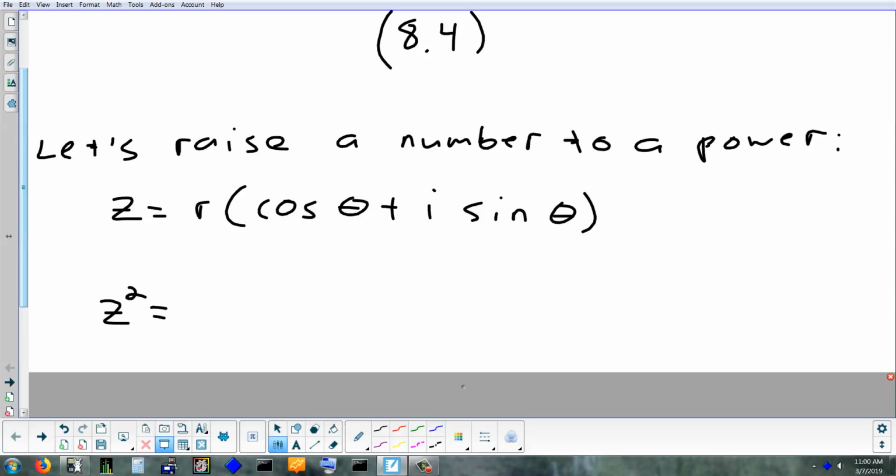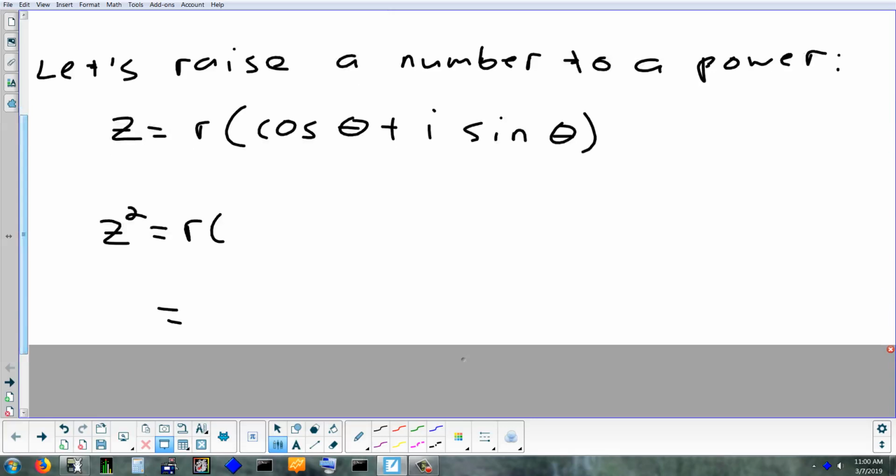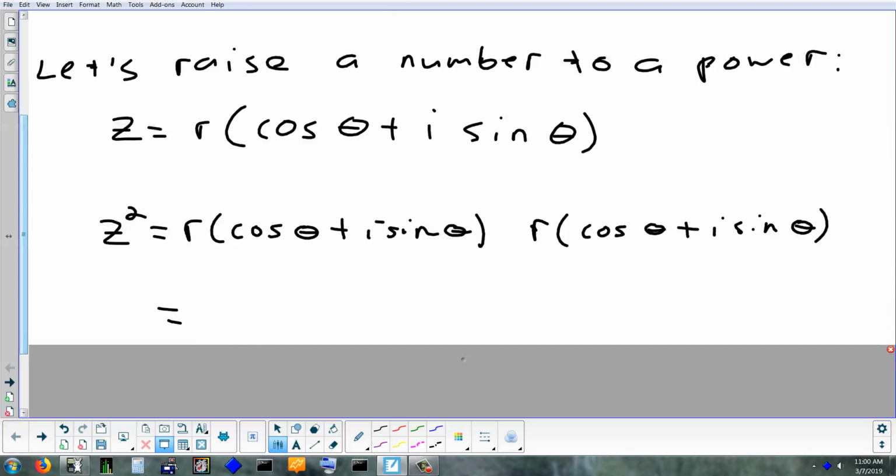So z squared really just means writing that twice. So I'll write it twice, which is a lot to write, times r. So we're multiplying four things together: r times cosine theta plus i sine theta times r cosine theta plus i sine theta. 1, 2, 3, 4.